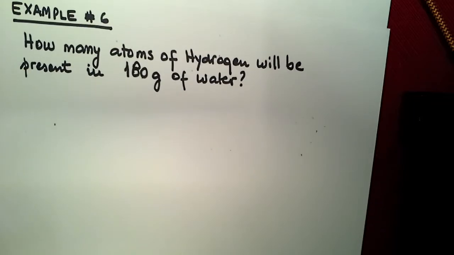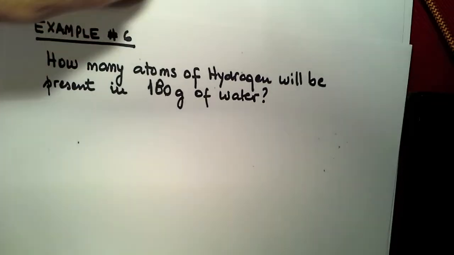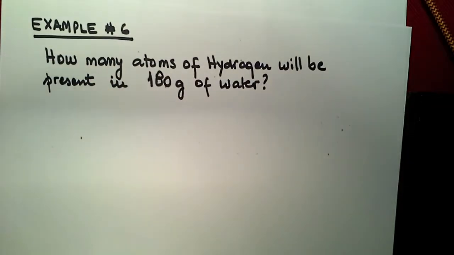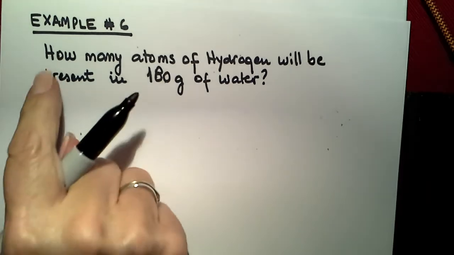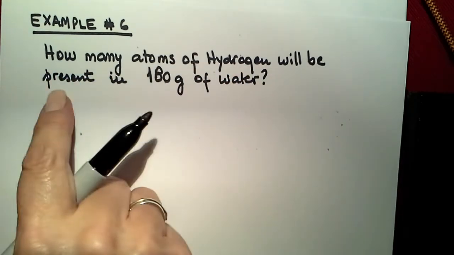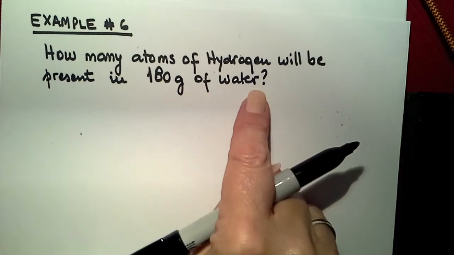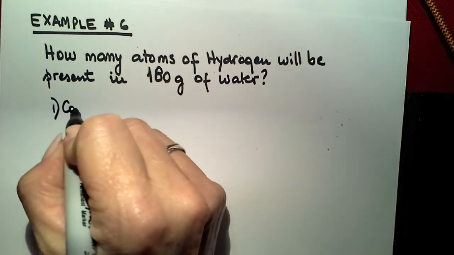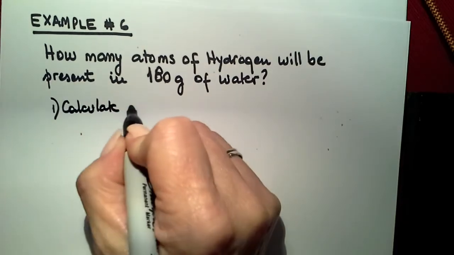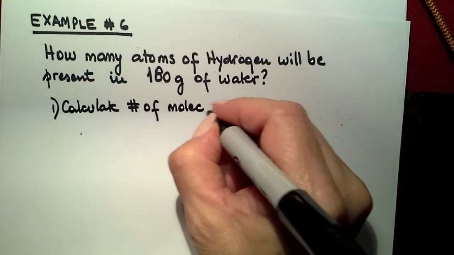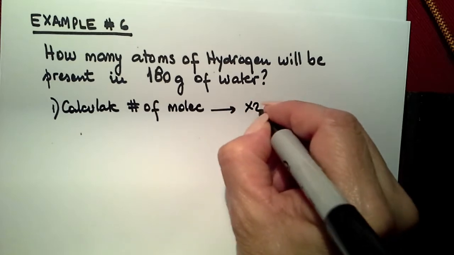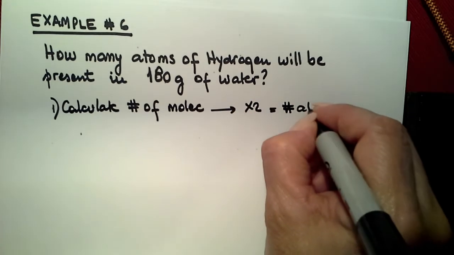In the question that I have here as an example, and normally these kinds of questions do not appear in tests because the students have a lot of problems with that, it says how many atoms of hydrogen will be present in 180 grams of water. What we can calculate first is the number of molecules. And then we know that the number of molecules times 2 is going to be the number of atoms of hydrogen.